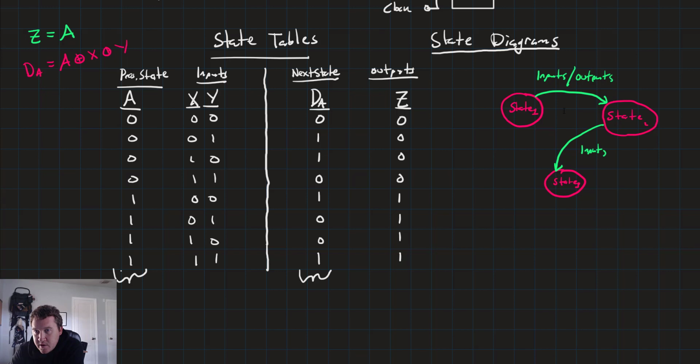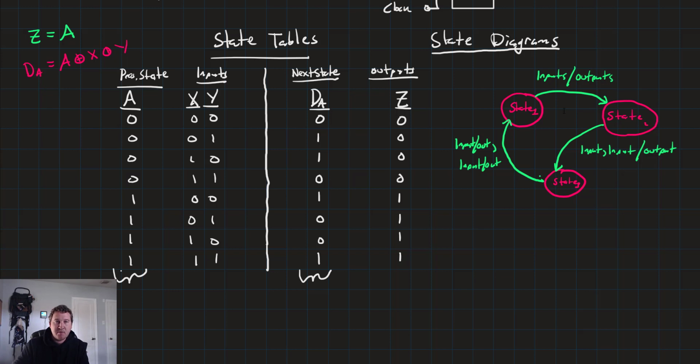So we'd say input, comma, another input / the output. Or if we had a state transition that involved 2 different inputs and 2 different outputs, we might have this one labeled input / output, and then comma, input / output again. So this is the structure of what our state diagram looks like.